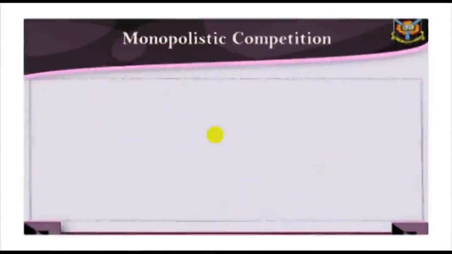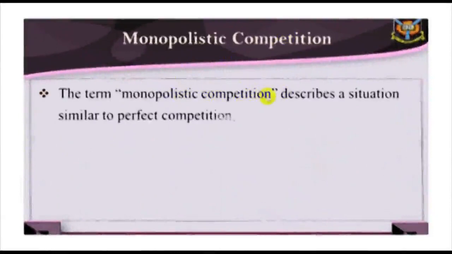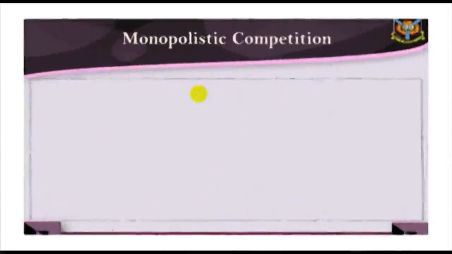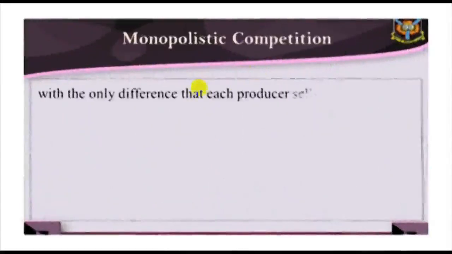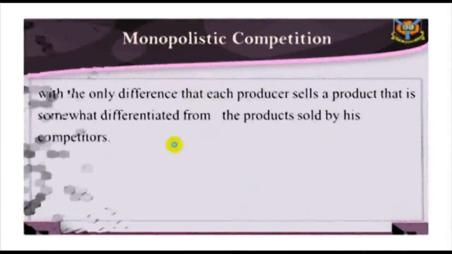Monopolistic competition. The term monopolistic competition describes a situation similar to perfect competition, with the singular important difference that each producer sells a product that is somewhat differentiated from the product sold by its competitors.